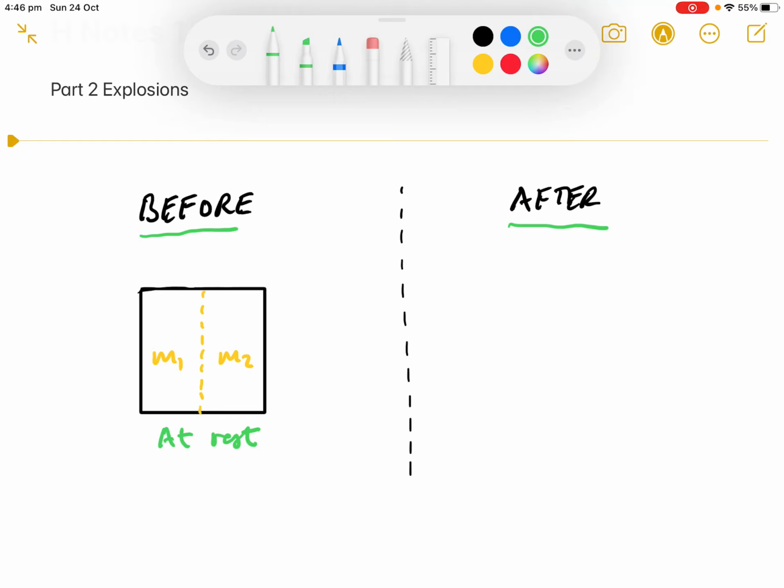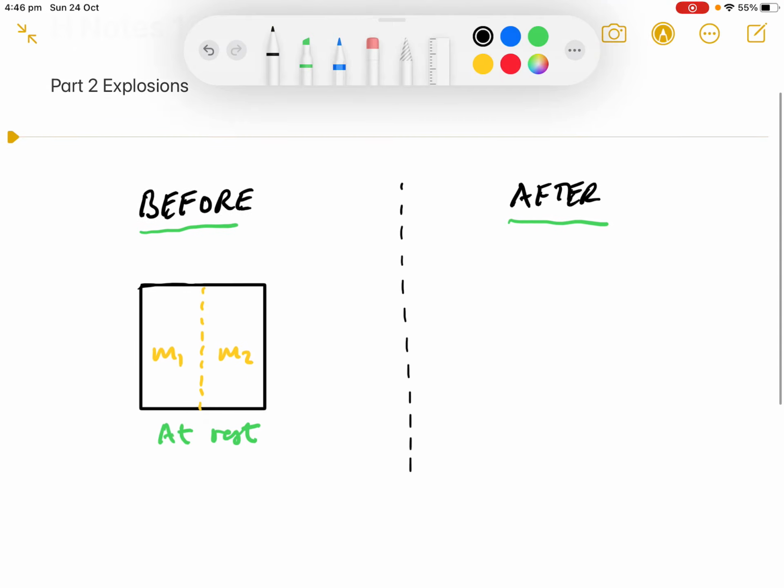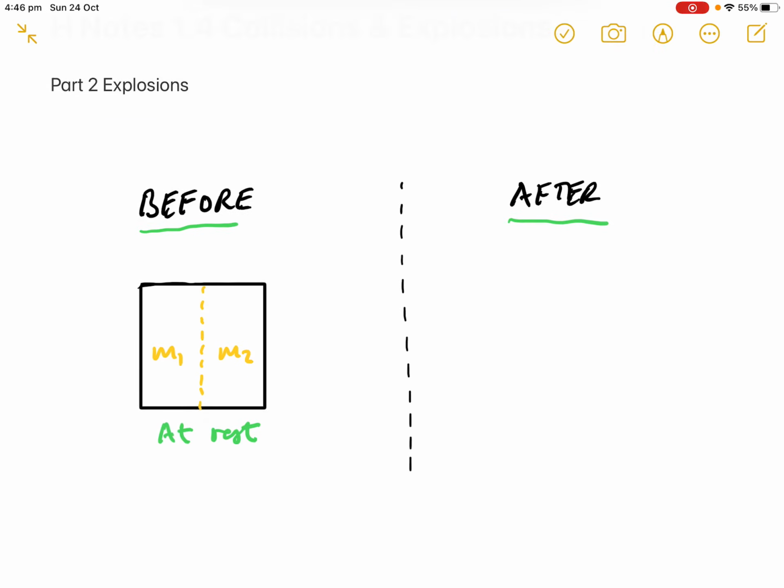So that's the before situation. What happens is the body can only explode if it already contains some energy. So for example, explosive charges contain chemical energy. And then once that energy is released, the original body breaks up into two or more fragments.